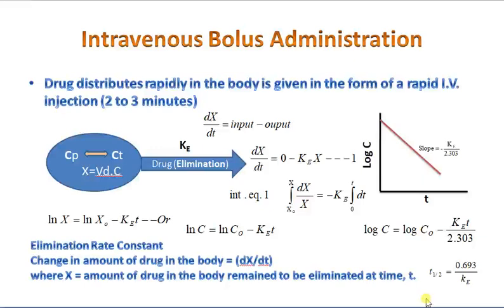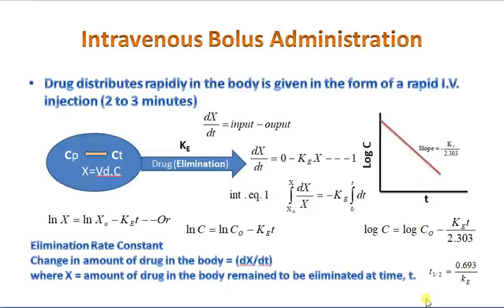Then the rate of change of drug in body is equal to minus Ke X. Integrate equation number 1: integrate from x0 to x, dx divided by x is equal to minus Ke integrate from 0 to t, dt.